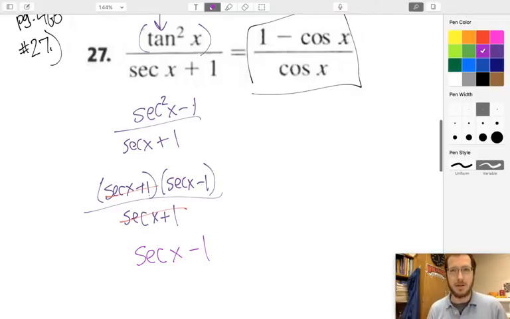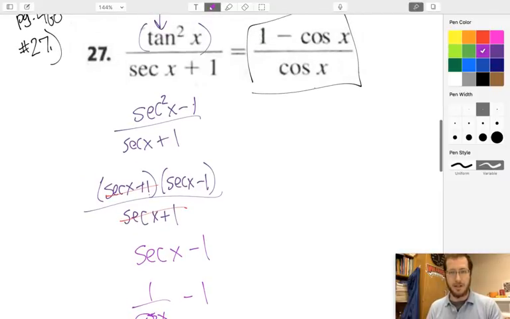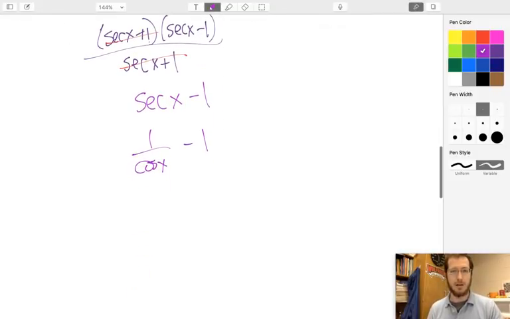All right, let's try to go ahead and convert these to cosines. So I've got secant of x, which, using our reciprocal identity, is 1 over cosine of x. Okay, so that's not what we're looking for, but that's a piece of it. So if we go ahead and convert this minus 1 to cosines, if I want that to have a denominator cosine, I'm going to multiply the top and the bottom by cosine of x.